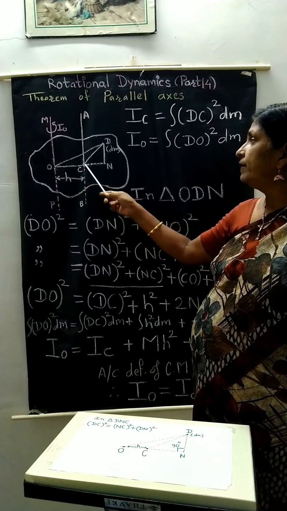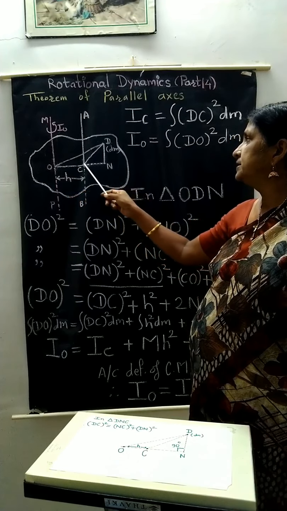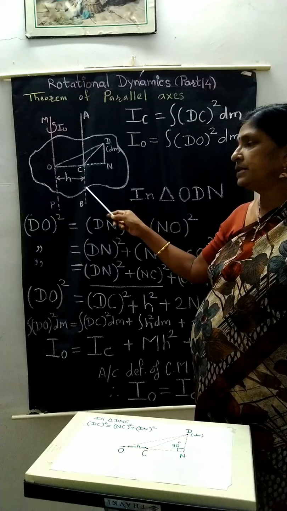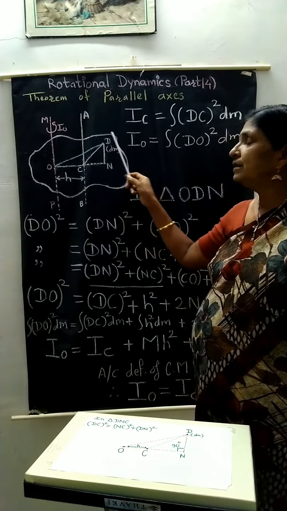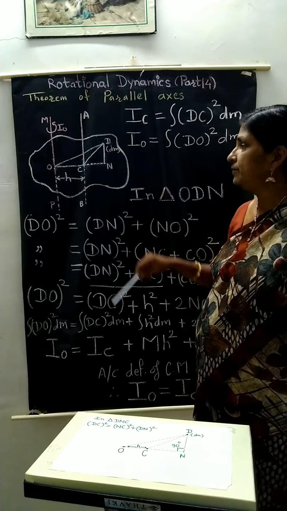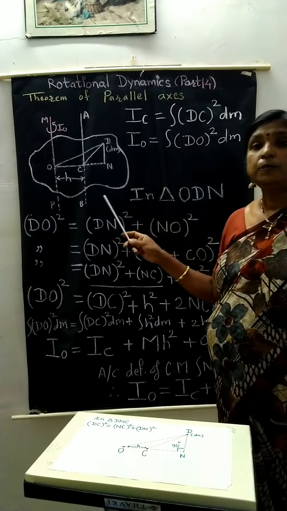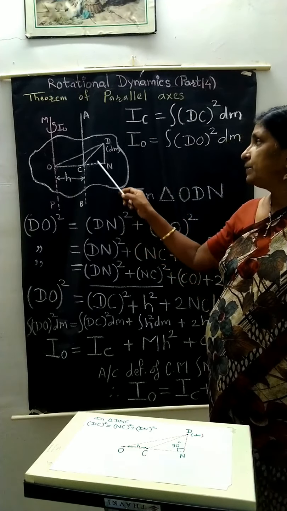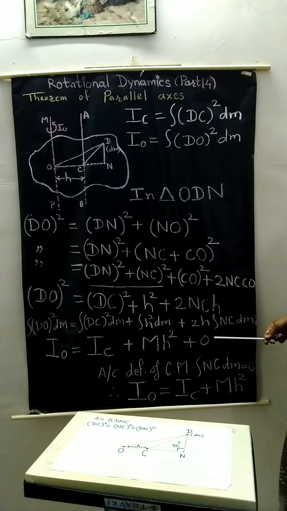Hence, if we take this distance as negative, this distance as positive, this distance as positive, this distance as negative, and we add all M1 R1 plus M2 R2 plus M3 R3 plus M4 R4, then it comes out to be 0. That is the property of the center of mass. So, according to that, this integral NC dm comes out to be 0.